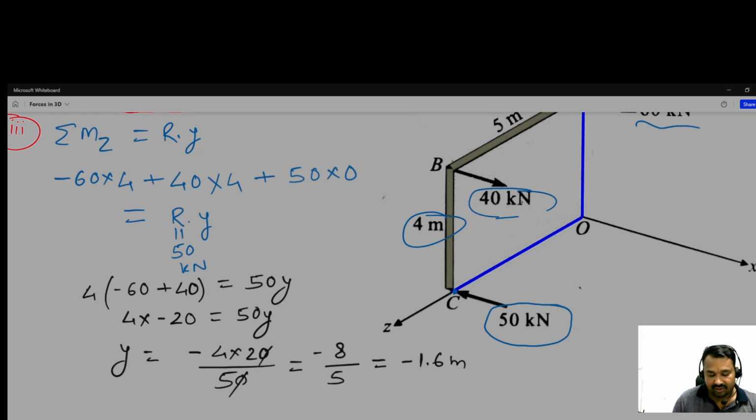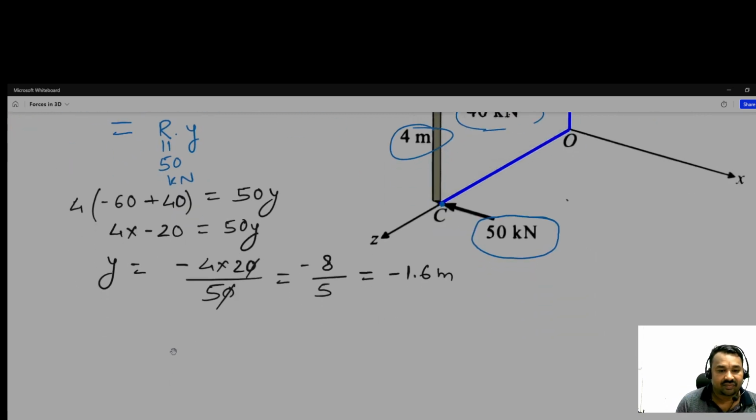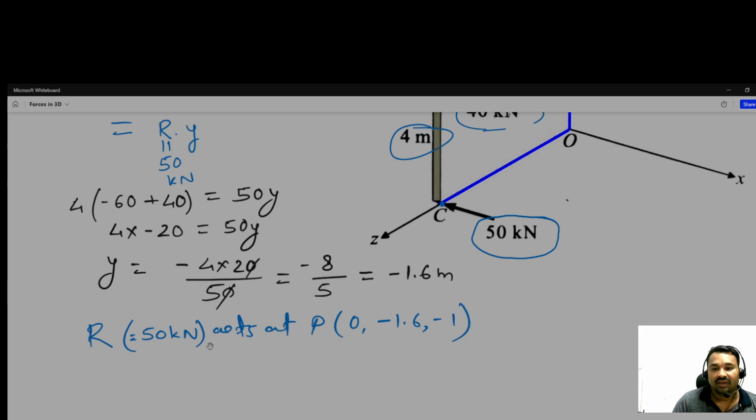So what we got, our answer: the resultant is equal to 50 kilonewton at P, where x is equal to 0, y is equal to minus 1.6, and z is equal to minus 1.